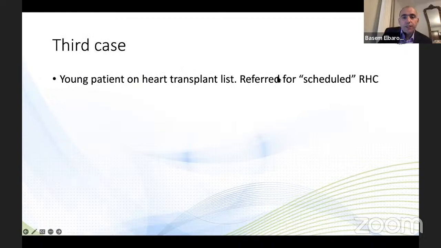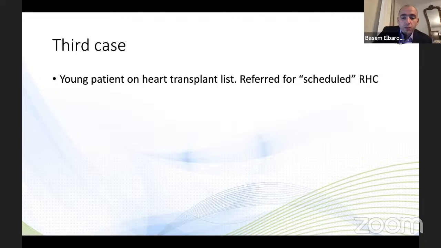Third case, young patient on a heart transplant list referred for a scheduled or routine right heart cath. If a patient is on a heart transplant list, they will routinely, every 3 months or so while waiting for the transplant, get a right heart cath. And it's important to make sure that their pulmonary pressure and pulmonary vascular resistance are not high. Because if you take a new heart from a normal donor and put it in someone who has a high pulmonary pressure, that right ventricle is not used to that, hasn't adapted to it, and will fail very quickly.